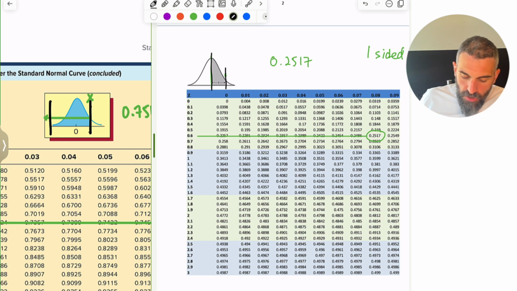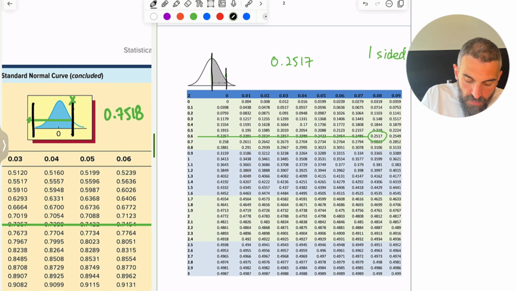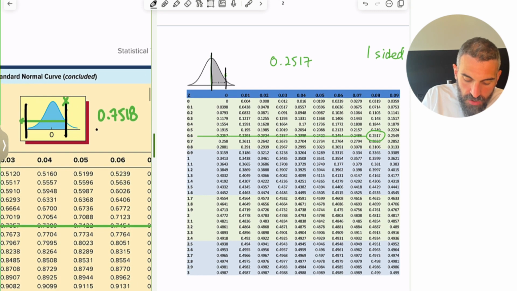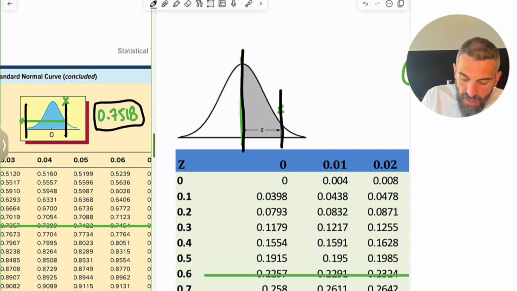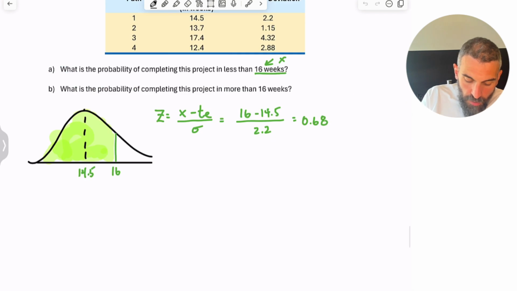Okay? So in either case, if I'm looking for the entire area to the left, this one gives it to me directly, which is great. This one, on the other hand, I'm going to have to add 0.5. I want the entire area to the left.